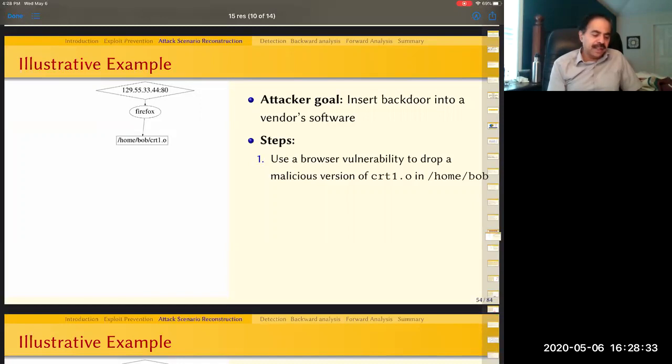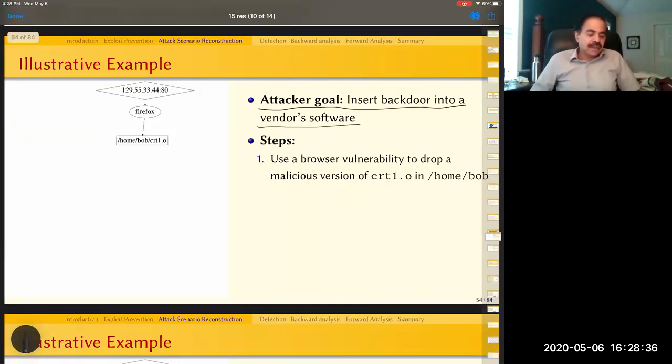So the attacker's goal here is they want to insert a backdoor into some software vendor's software, right? Because attackers want to get their malware installed on many machines, but obviously most people won't be downloading attacker's malware and installing that, right? So the attacker needs some way to get their malware into a large number of systems, and one way to do this is if they can poison some trusted vendor's software repository. So that's what the attacker is trying to do.